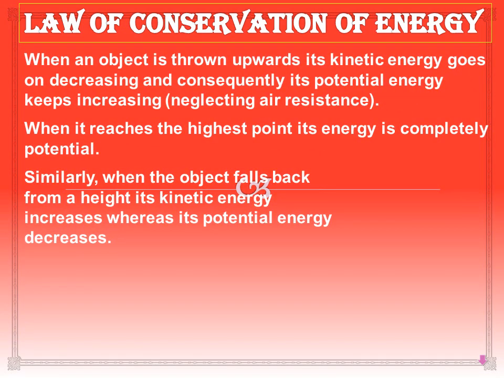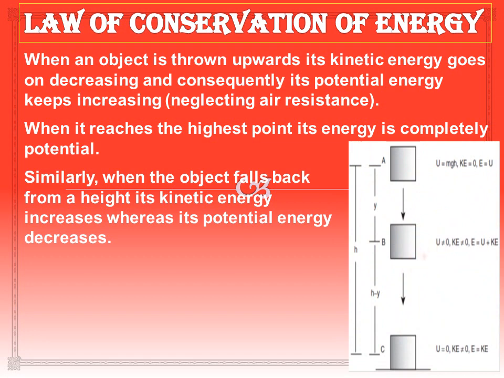So, when a body is thrown upwards, its kinetic energy goes on decreasing and consequently its potential energy keeps increasing. Let us neglect the air resistance. When it reaches the highest point, its energy is completely potential. Similarly, when the object falls back from a height, its kinetic energy increases whereas its potential energy decreases.